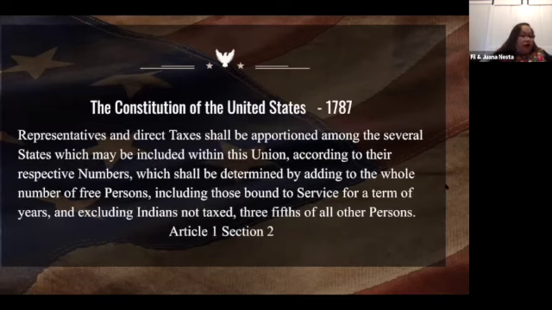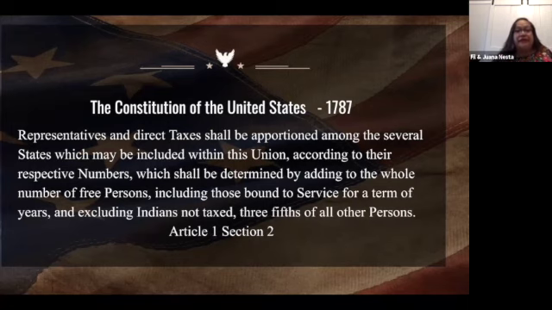So we start off with the Constitution of the United States. In 1787, Article 1, Section 2: Representatives and direct taxes shall be apportioned among the several states which may be included within this union, according to their respective numbers, which shall be determined by adding to the whole number of free persons, including those bound to service for a term of years.